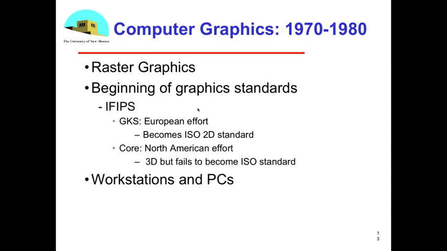People realized that graphics was going to be an important area, and there were a couple of efforts to develop standard software: the GKS effort, mostly in Europe, and the Core standard in the US, which became part of the early Sun workstations. Also, with the availability of graphics, we started getting the first workstations of the type we have now, and PCs that had graphics built into them, so everything could have a graphical interface.